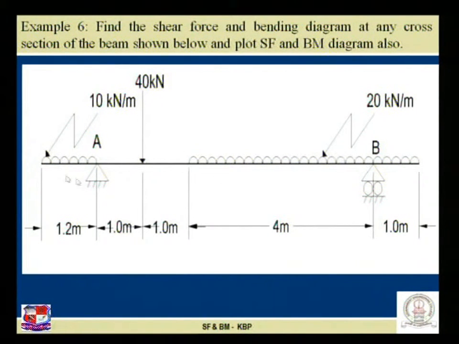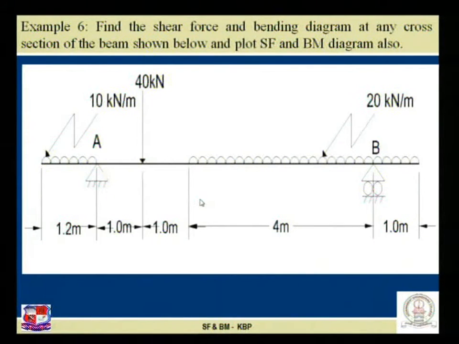Let us revise the given beam, which is an overhanging beam, a beam which is projected beyond the support. There is a projection beyond the support over here, and over here as well. So this is called an overhanging beam.